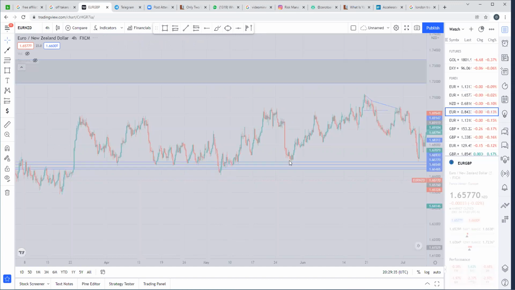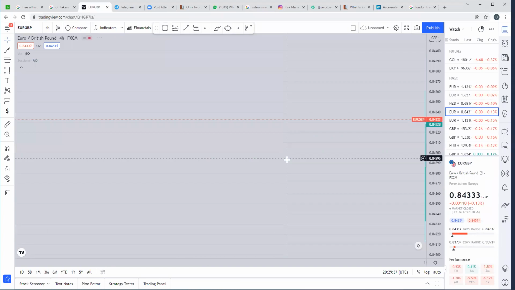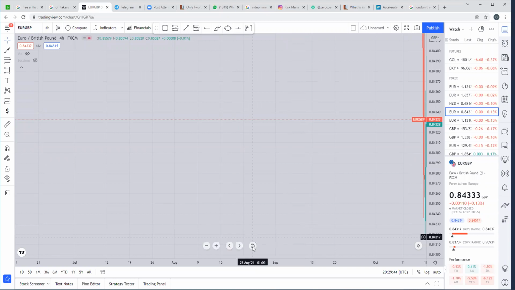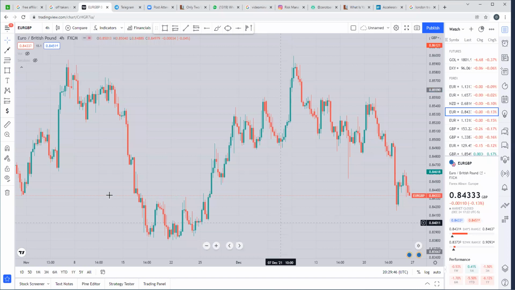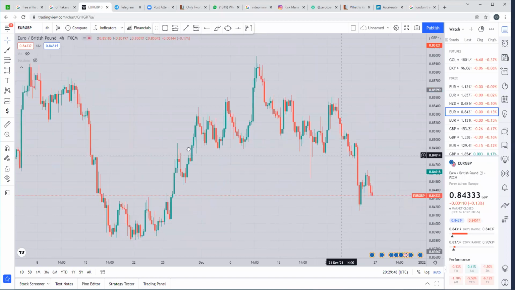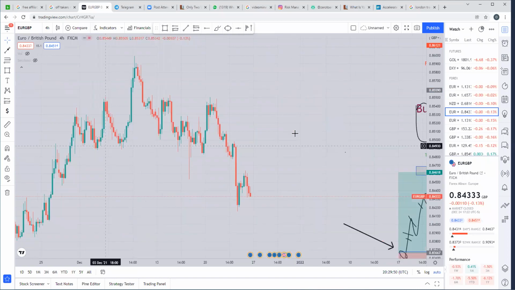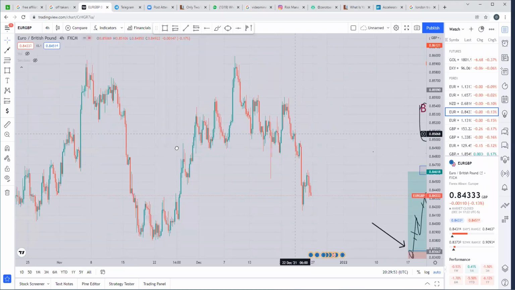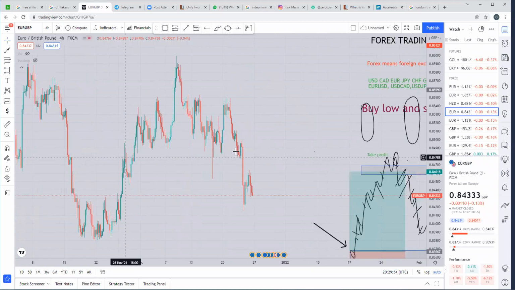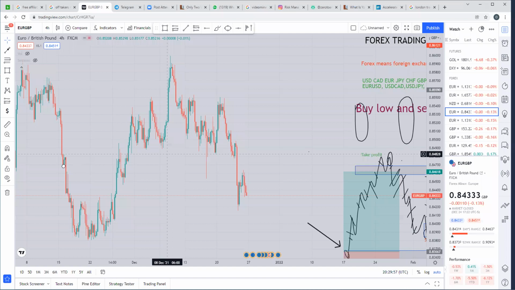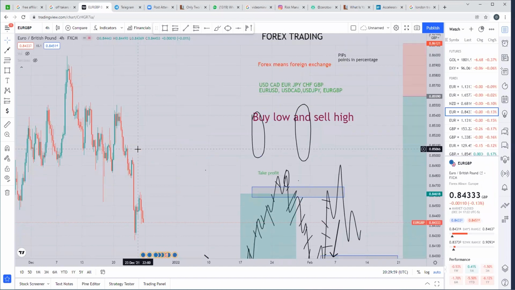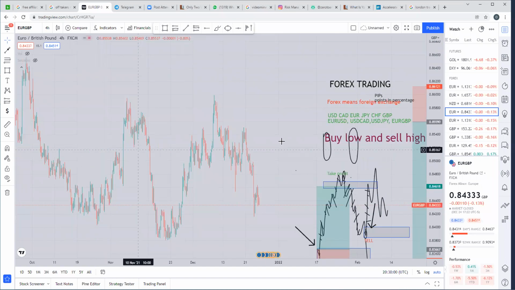EURGBP too. So these are the things that you need to understand as a beginner. As you trade, you have to understand them, so that you can be a good trader. For you to be a good trader, you must understand all these principles, and these things I've just said briefly, you have to go and learn them. You have to go and pay attention to them.